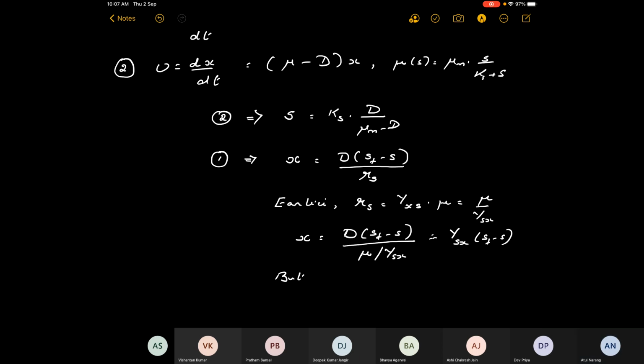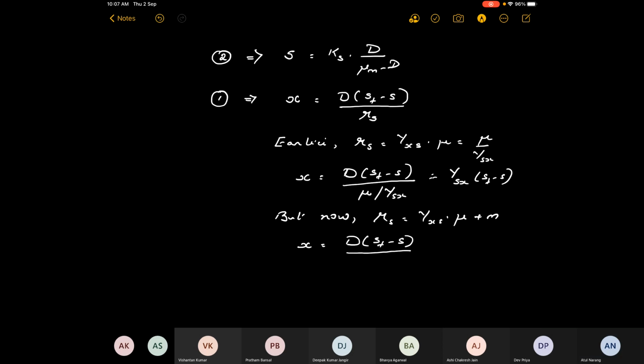But now RS equals mu divided by Y_XS plus M. This implies that X is equal to D times (SF minus S) divided by, this becomes, mu divided by Y_XS plus M. I have an additional term here.